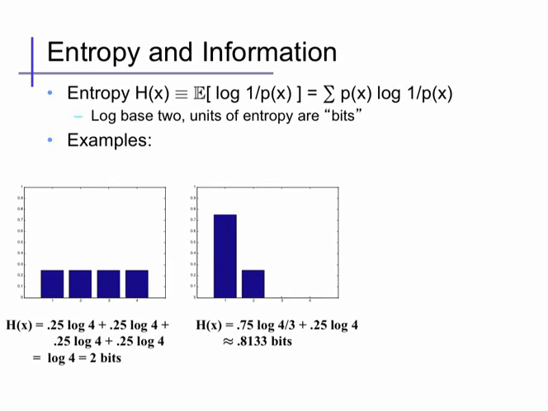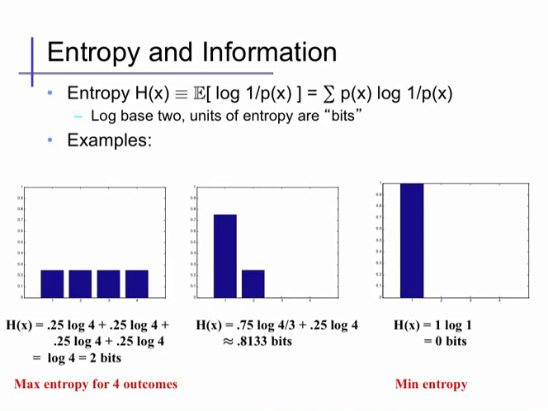If you calculate this out, you'll find it's about 0.8 bits, so slightly less than 1 bit. If we had 2 equally probable outcomes, it would actually be 1 bit. So you can see that having one outcome be more likely than the other has reduced the entropy.